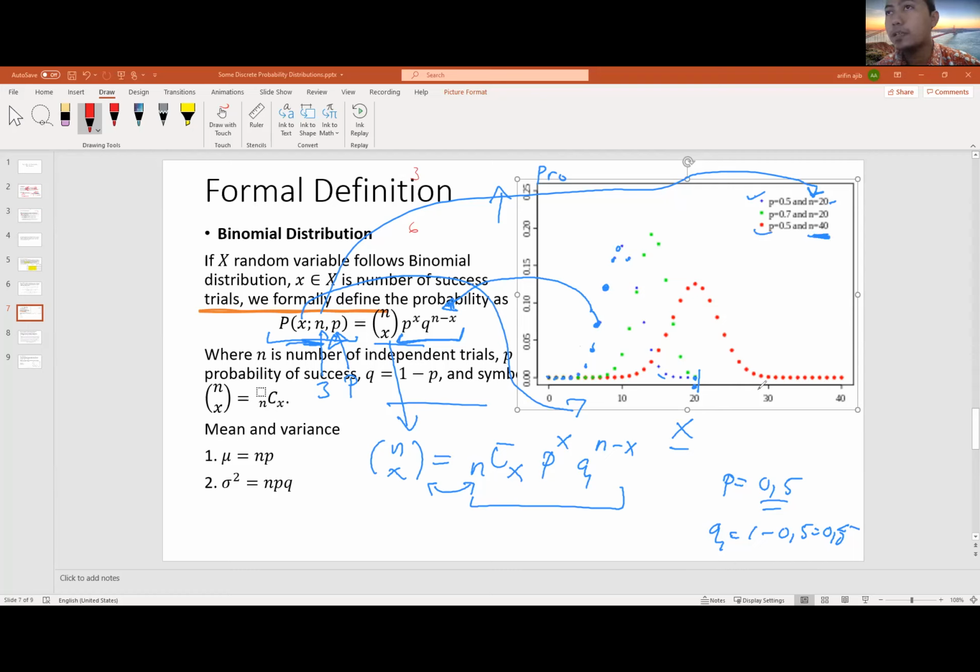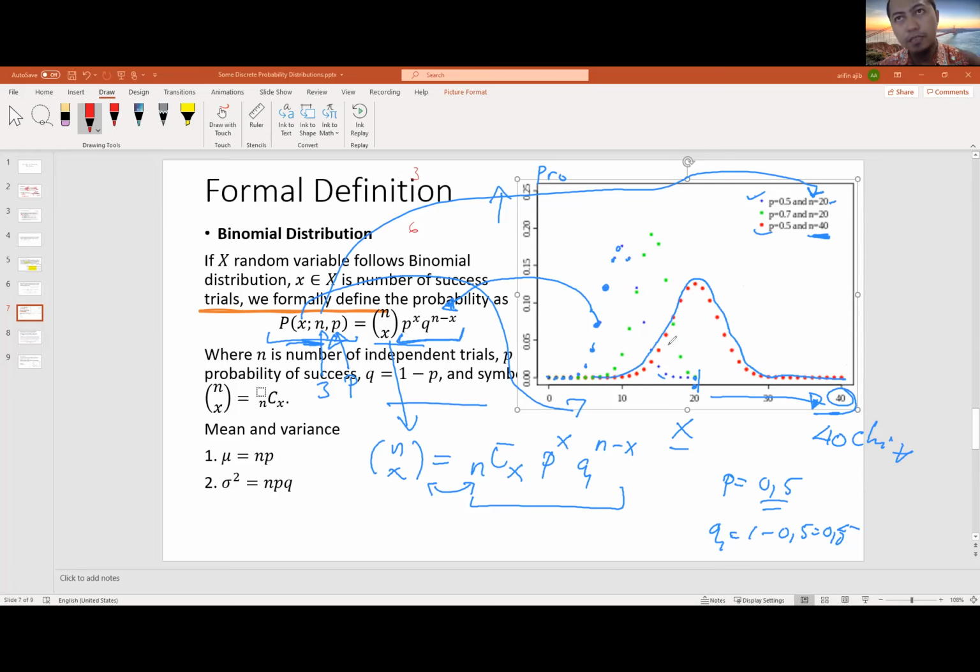Okay. And you can see here, when n is getting larger, the spectrum, you can see the red one, is increasing. It means that, let's say, in one trial, in one picking up of the chips, we pick 40 chips. This number indicates that phenomenon. And you can see the distribution is almost similar.